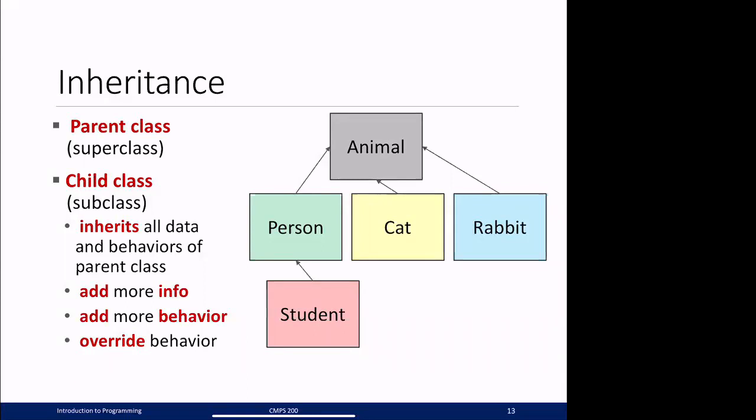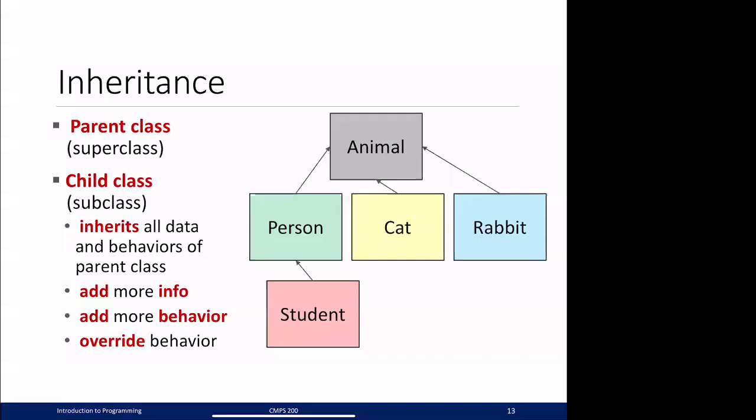What does it mean, subclass versus superclass? When I say person, cat, or rabbit is a subclass of animal, this means it inherits all the data attributes and behaviors of animal. Subclasses inherit the properties of the superclass, whether they're methods or data attributes. We know from the previous lecture that animals have two data attributes, age and name.